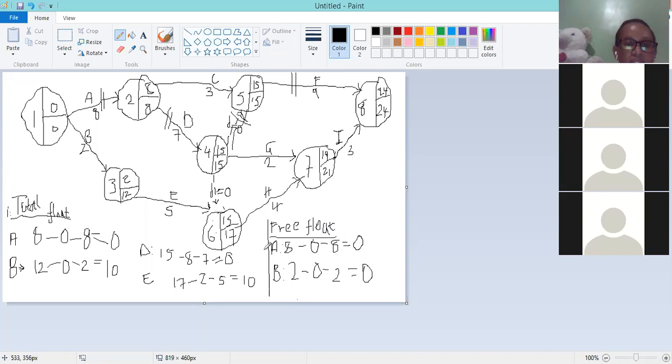Let's try another activity, for example activity G here.